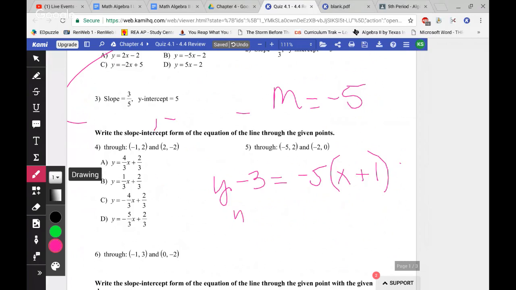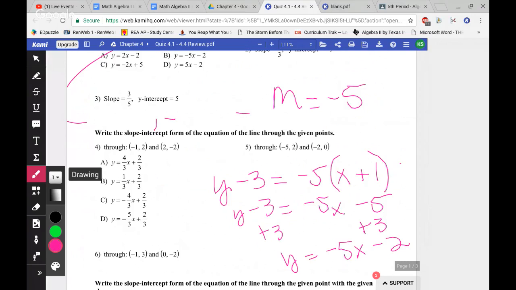So now I'm going to distribute, easier said than done, or easier done than said. And now I'm going to add my constants. So then I have y equals -5x minus 2.